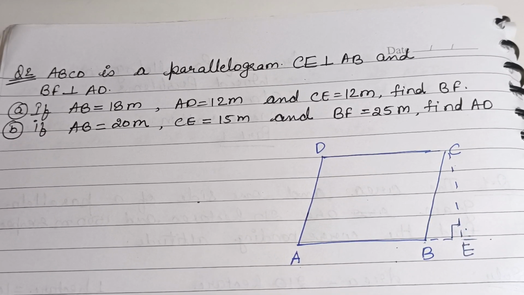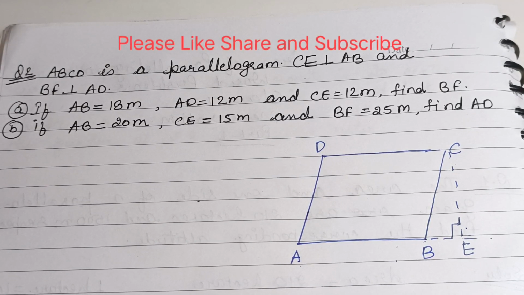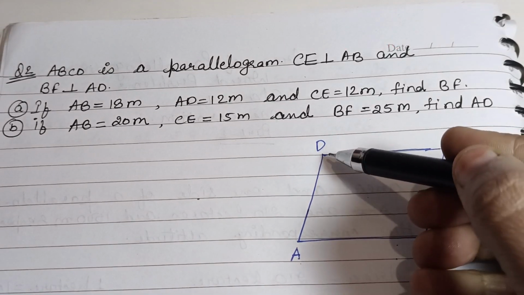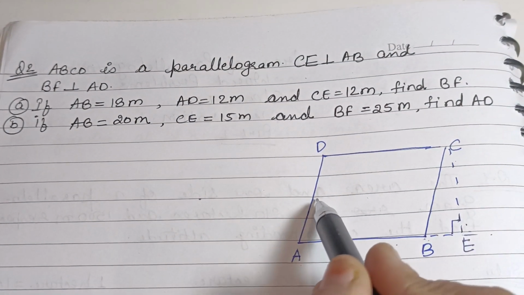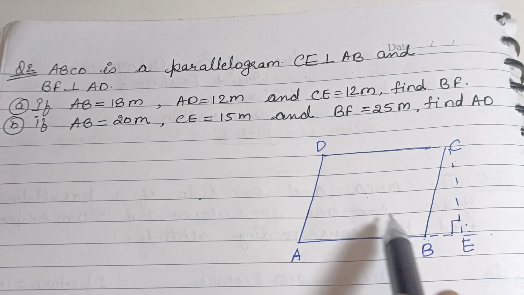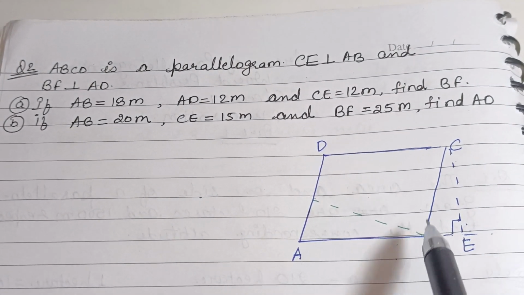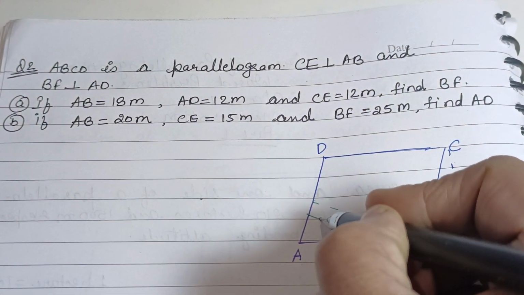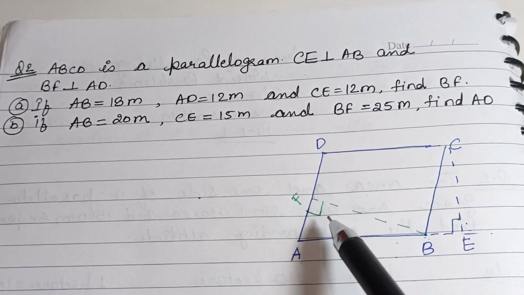Now read the next part. BF is perpendicular on AD. This is your AD, and from B just drop one perpendicular. It will come from here. This is your BF. Now this is the same parallelogram.